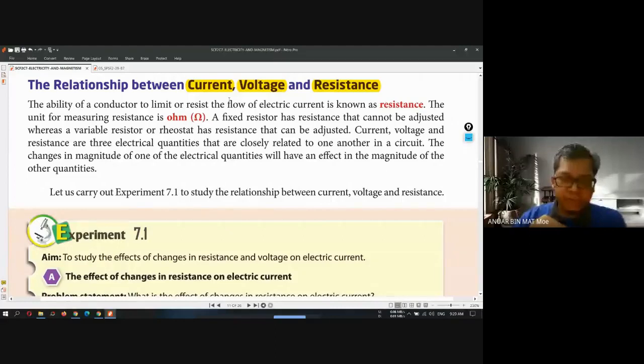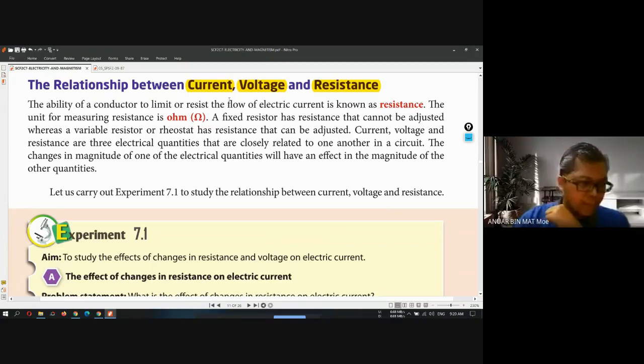You still remember the SI unit? The two important units to measure electricity are current and voltage. You must understand this.